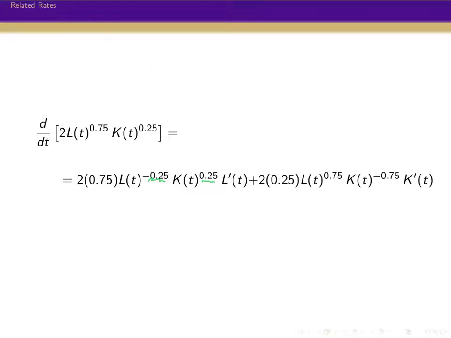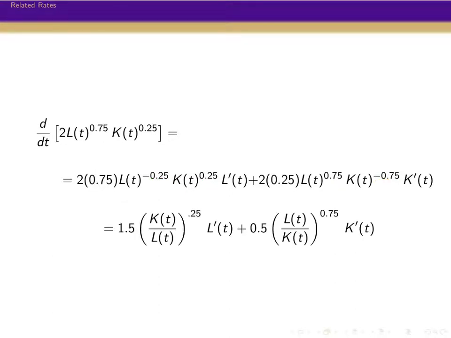From the other term, we have positive 0.75 and then negative 0.75. So we actually can combine these, at least to make it look perhaps visually a little bit more exciting. And we can rewrite it to look like that. Okay, and so here's the derivative that we're going to use.